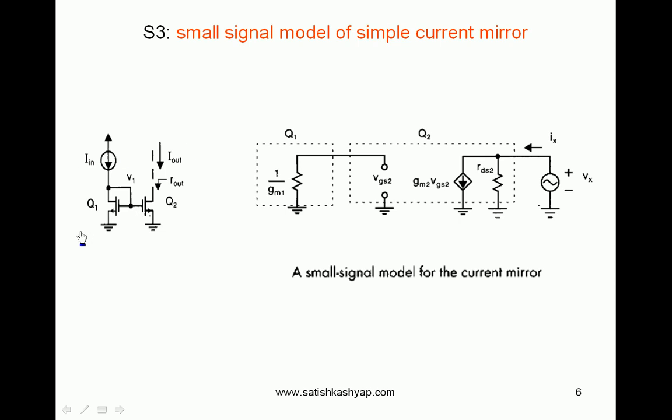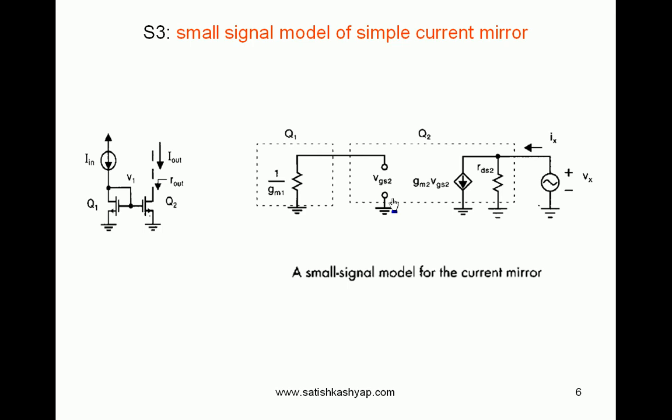Q1 side is simply replaced with 1 by GM1. Q2 side is again the small signal model of MOSFET. Input side is open circuit, and on the output side there is a current source followed by a parallel resistance. Since it is Q2, we are writing it as VGS2, GM2 VGS2 as current source, and RDS2 as output impedance.